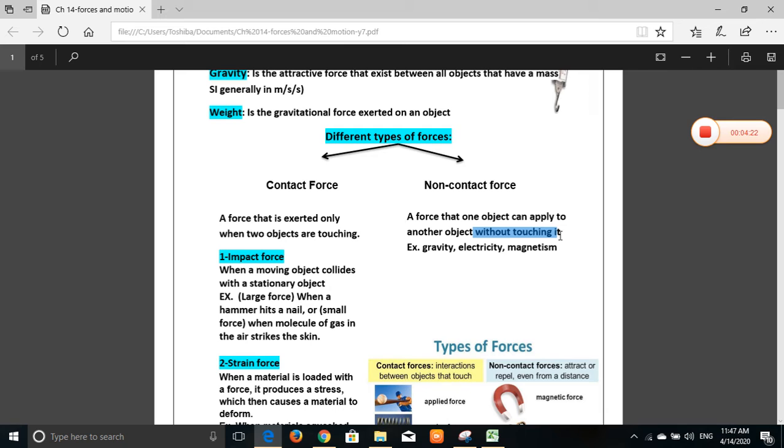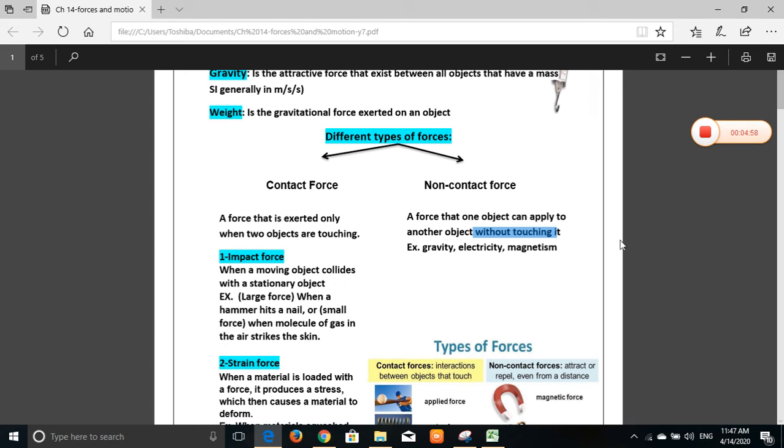The famous examples of non-contact force are gravity, electricity, and magnetism. I can feel the electricity, but I can't see the electric current, or the electric charges passing through a wire. With magnetism, I can't see the action of magnetism like repulsion and attraction, but I can see how the attraction happens.